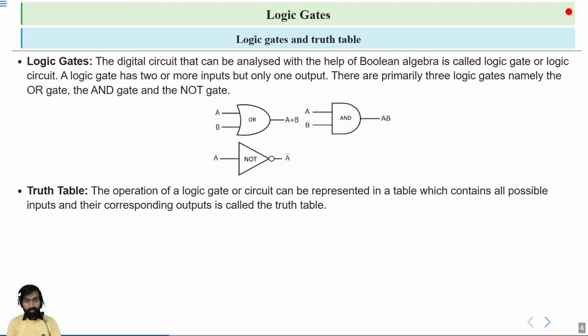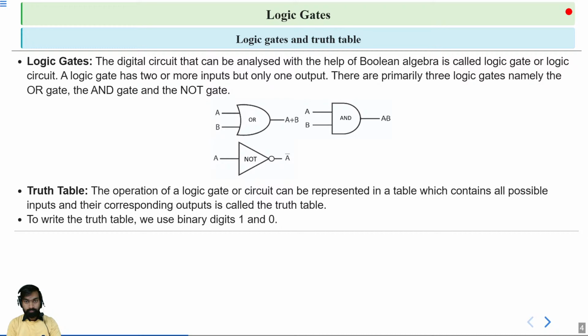Basically, a truth table helps us to analyze and predict the behavior of the logic gate for every possible input. Inputs are represented by binary digits 0 and 1. 0 means false and 1 means true.